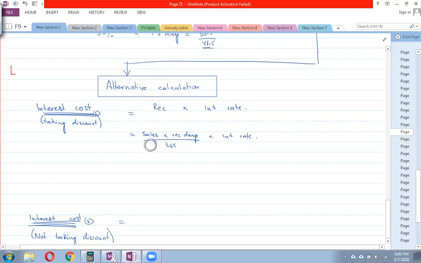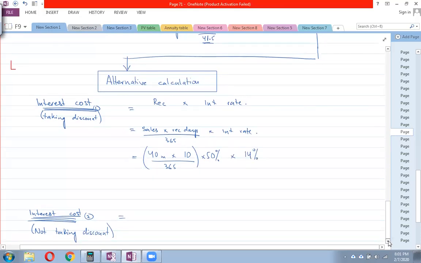So how much is sales? Sales is 40 million. How many receivable days for the customers who are taking the discount? 10 days, divided by 365. How many percent of people are taking the discount? This will give you the receivables, but it's not for all the customers. It's only for 50% of the customers. I'll multiply it with 50%, and then I'll multiply with the interest rate, which is 14%.